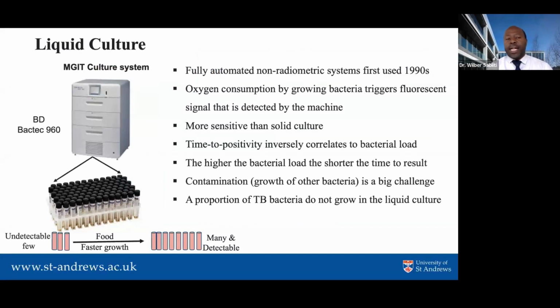Then we have the liquid culture, the Mycobacterium Growth Indicator Tube, or MGIT culture system. This is a fully automated non-radiometric system, which was first used in the 1990s. It uses the principle of oxygen consumption by growing bacteria, which triggers a fluorescence signal that is detected by the machine.